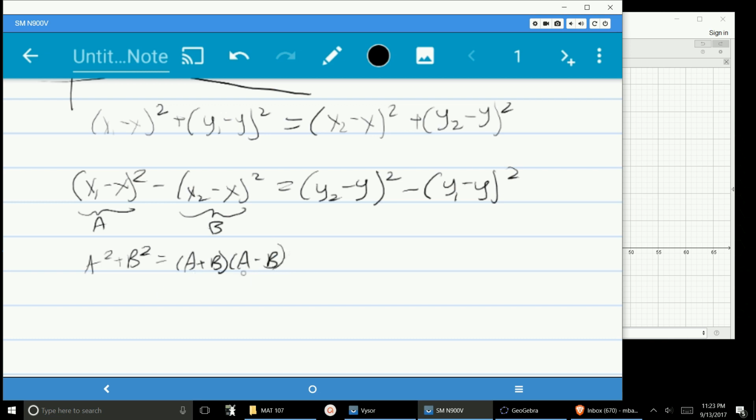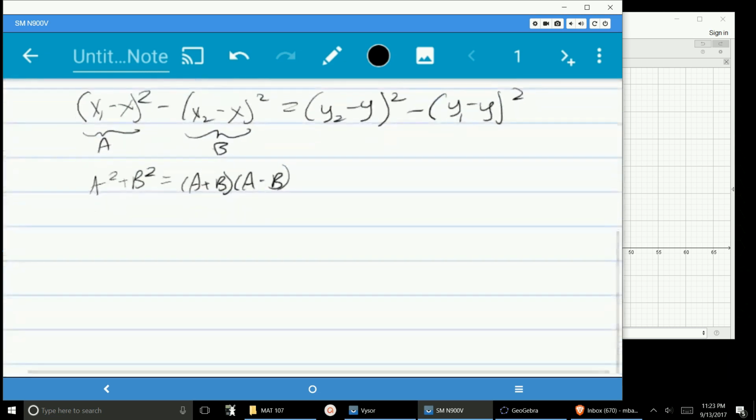Okay, FOIL that out and you'll get this. So that being the case, I'm going to write this thing as the first plus the second, so x1 minus x plus this x2 minus x, times a minus b, so x1 minus x minus x2 plus x.